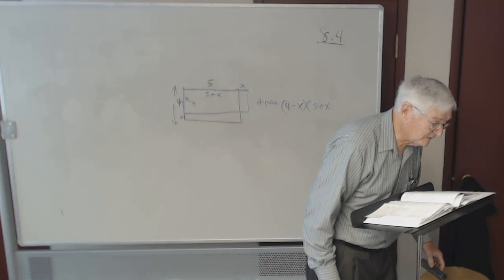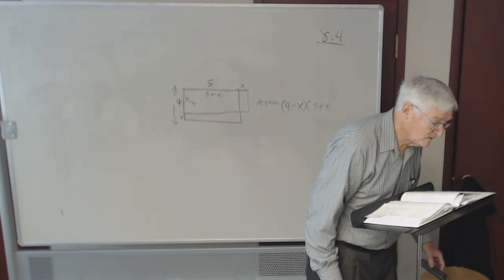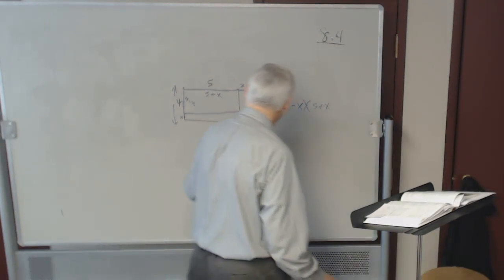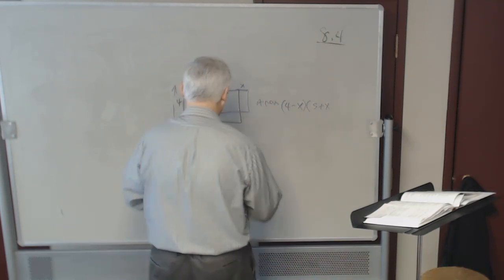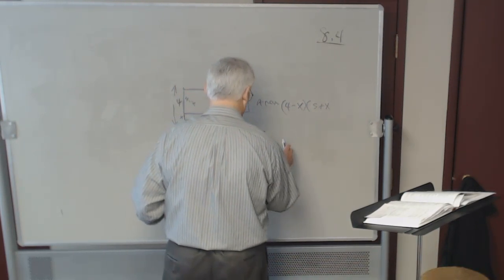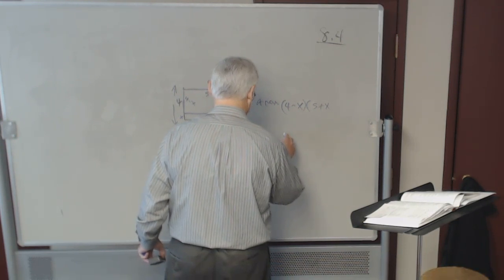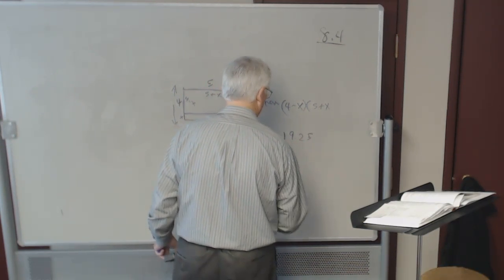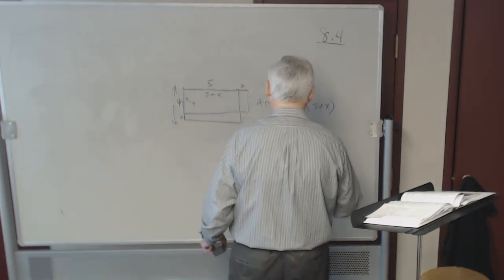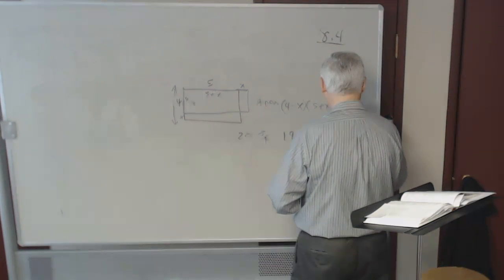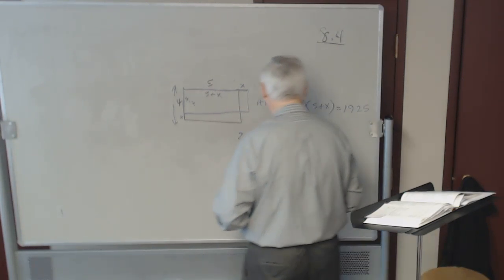3/4 of a foot smaller than the original thing. And the original one would have been 20, minus 3/4 would be 19.25. So this area needs to equal 19.25.